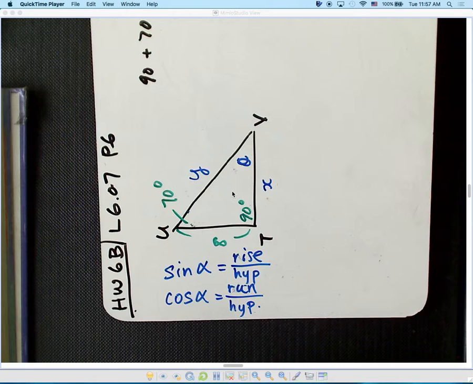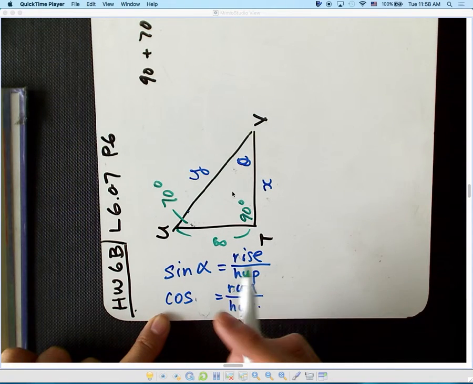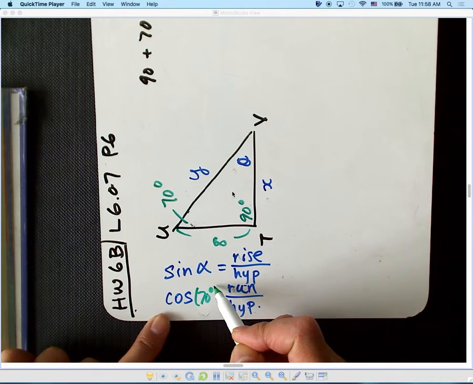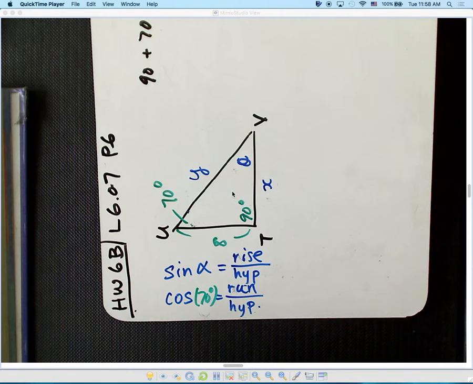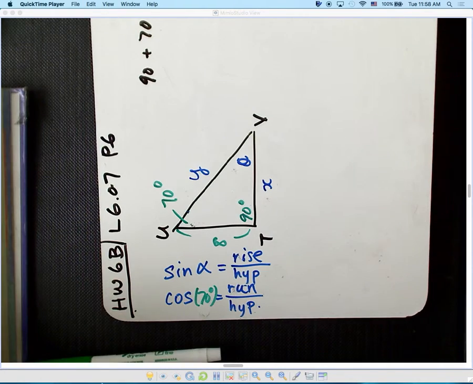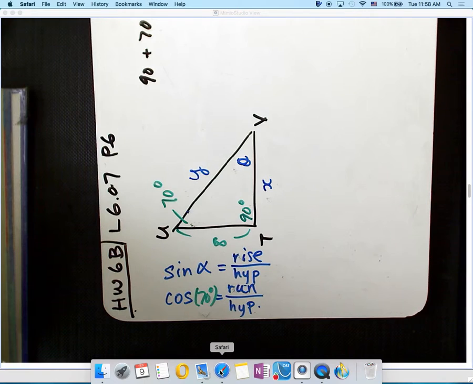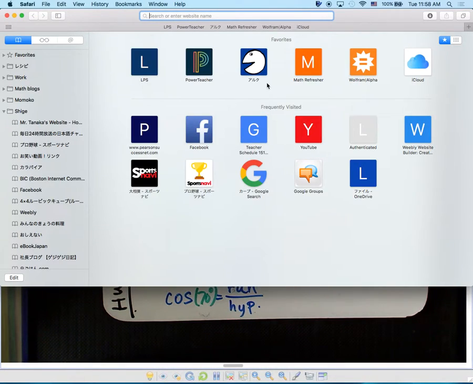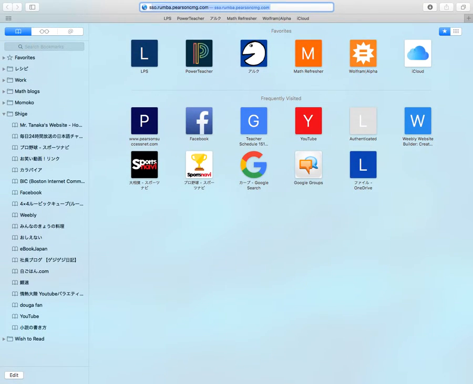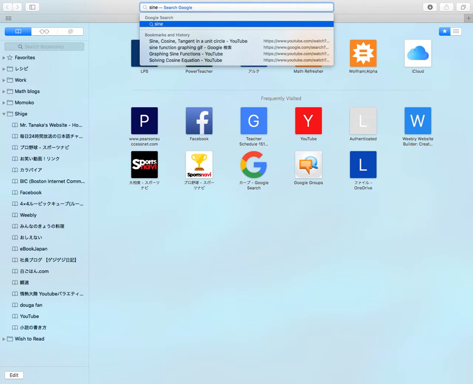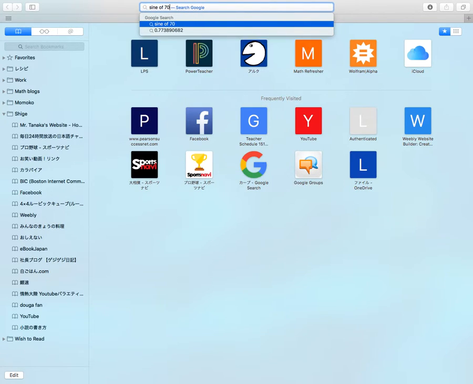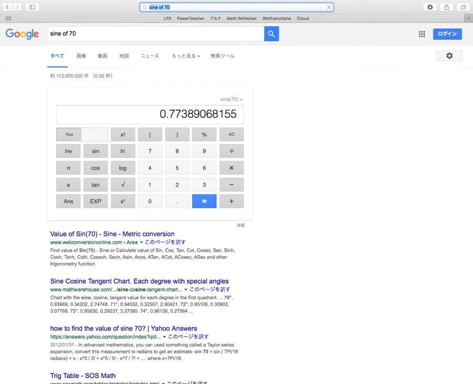So let's just plug that in. So cosine of 70 degrees, which you can find out by calculator, but if you don't have a calculator, you can always search it up and type sine of 70 degrees. That's going to give you the answer, which is 0.77 whatever, right?